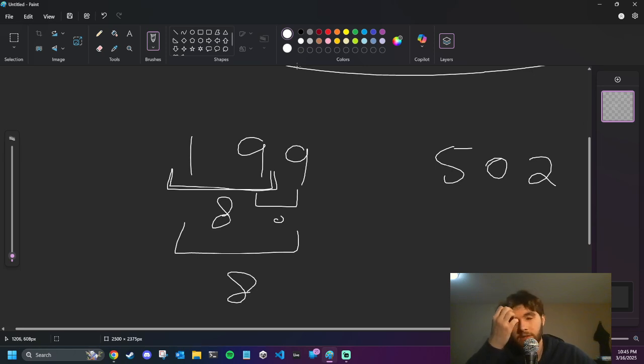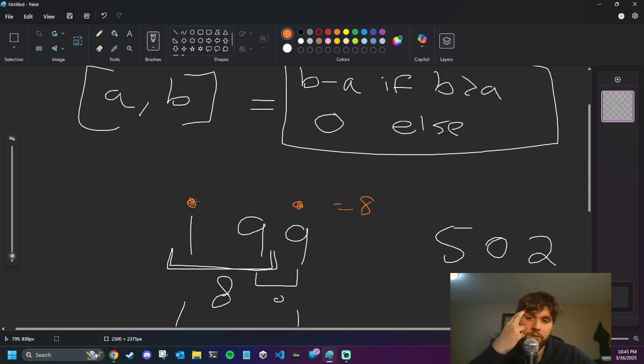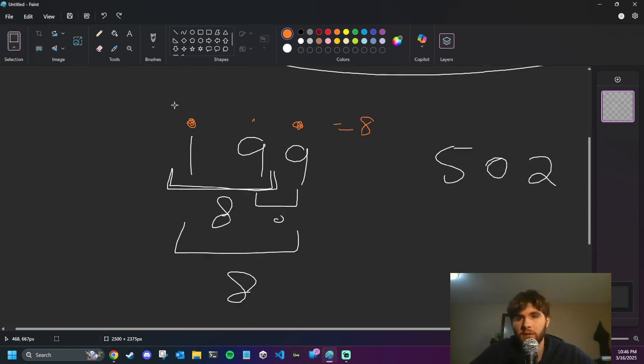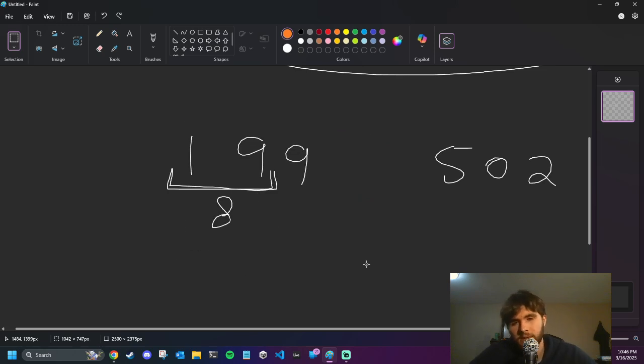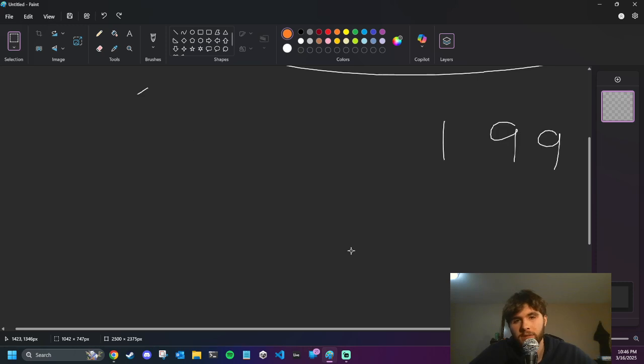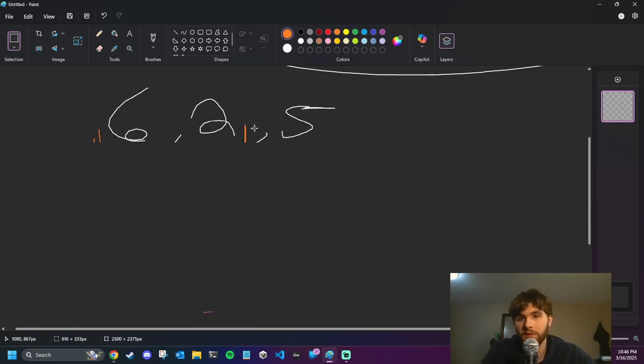Now this is a particularly interesting example because if you buy here and sell here, it's 8. And if you buy here and sell here, it's 8. So there's actually another thing to consider that I wasn't thinking about, that you could buy on the first day and sell on the last day.